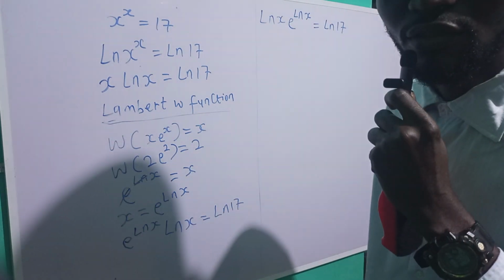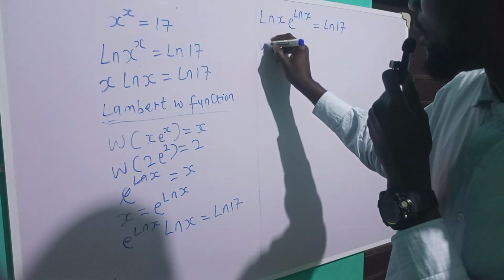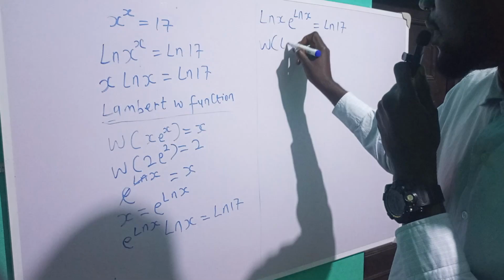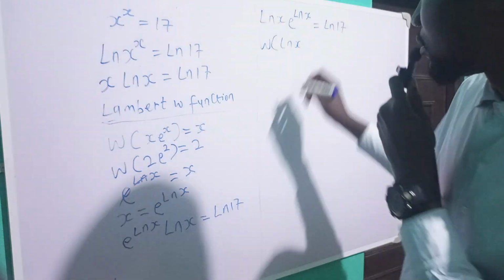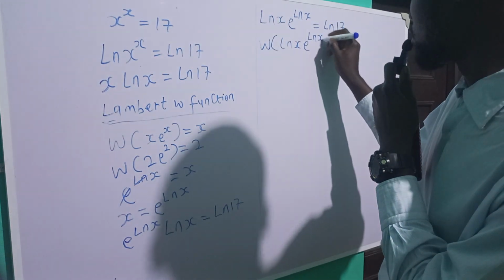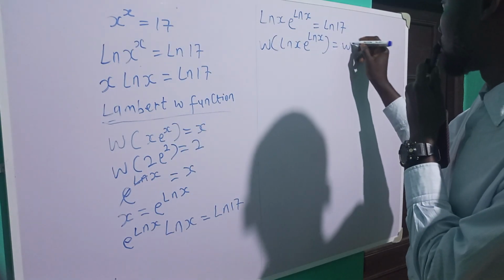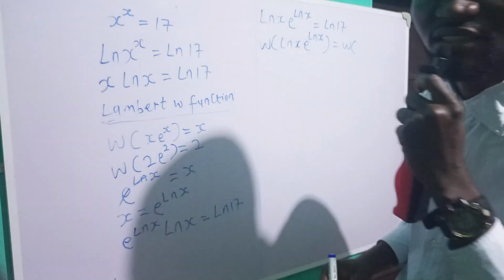So let me apply the Lambert W function. That would be the Lambert W function of ln x e raised to power ln x, is equal to the Lambert W function of ln 17.